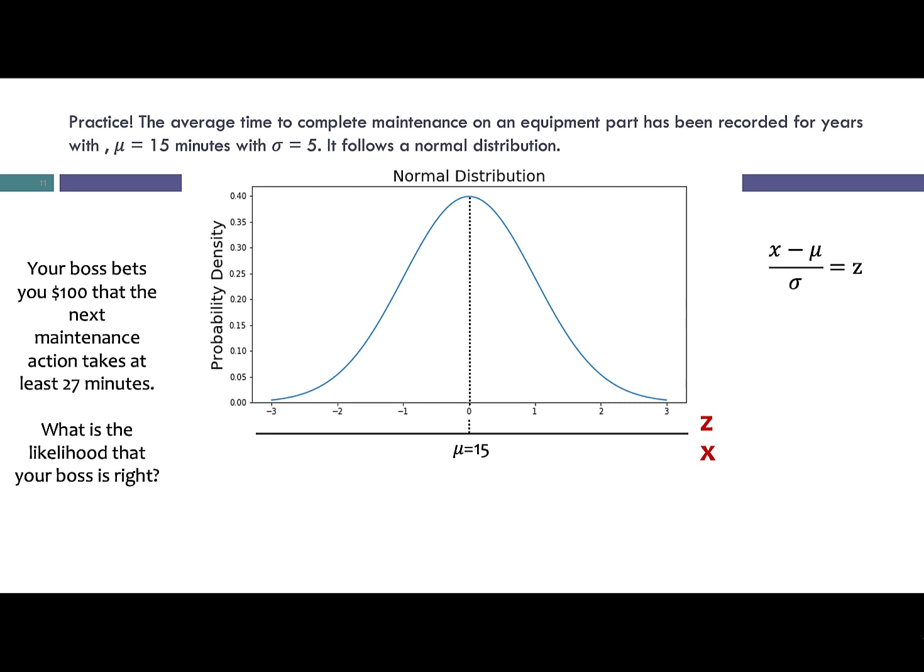So we can use a standard normal distribution to map our specific normal distribution. Normal distributions, the graph you just saw, are given to us in terms of z, which has a mean of 0 and a standard deviation of 1.